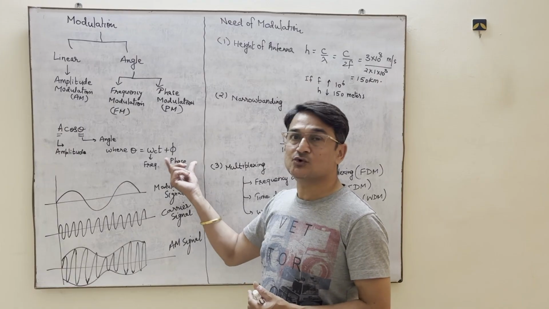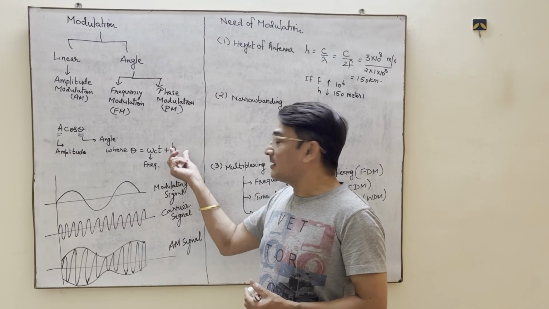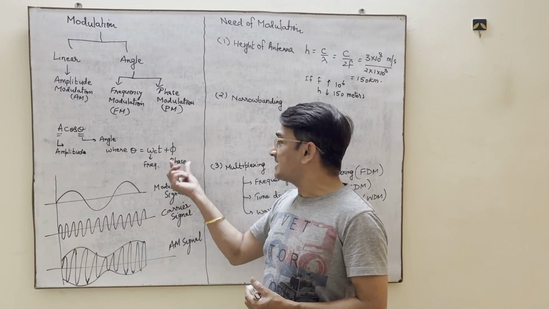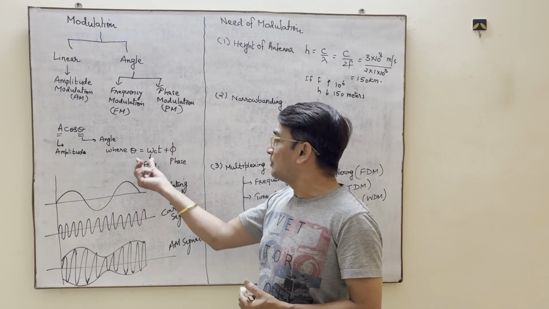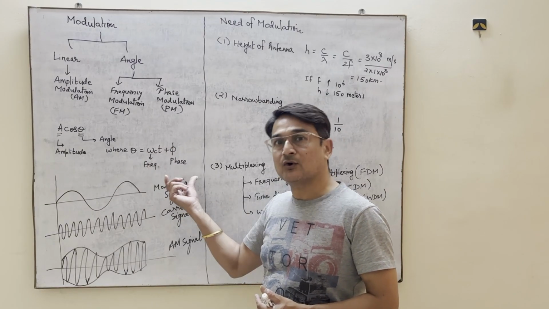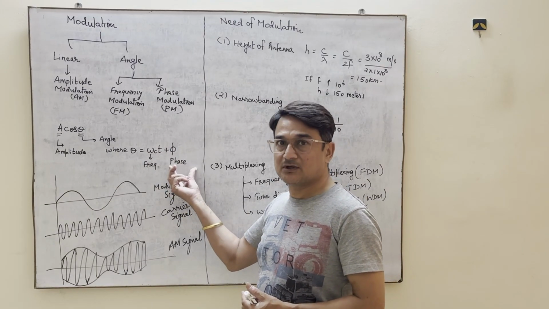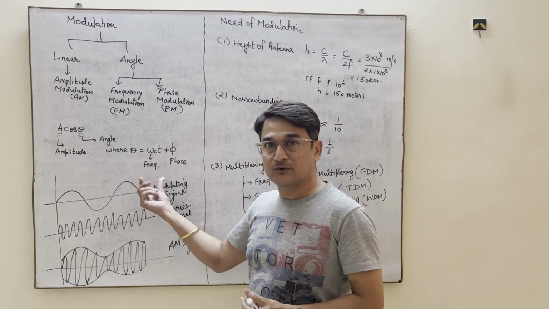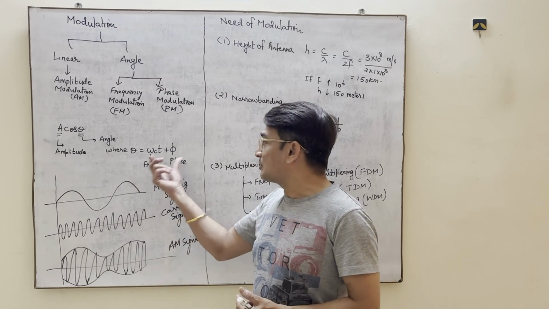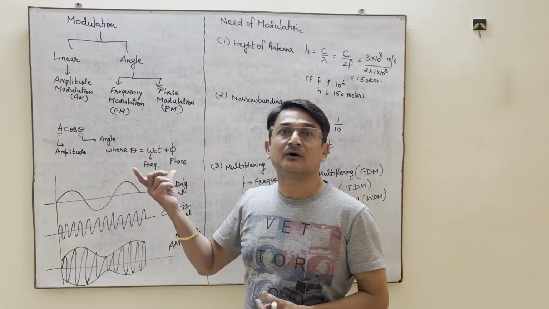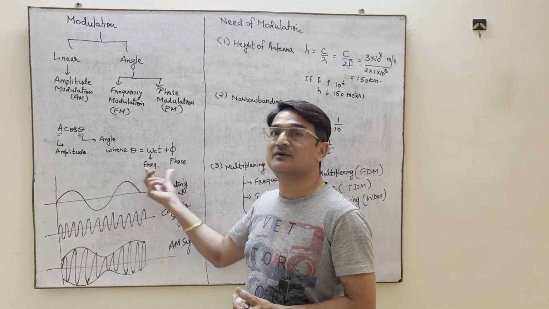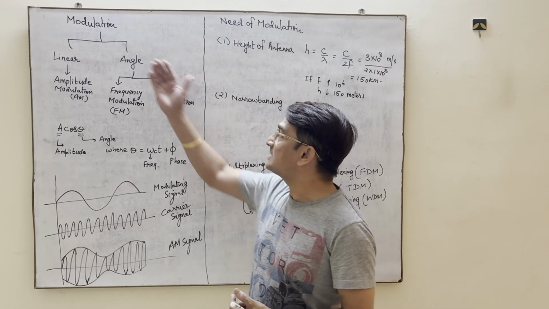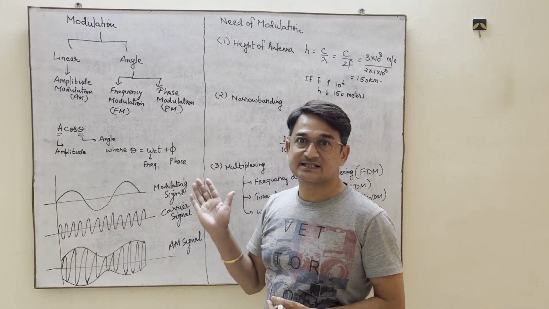Out of these two, at one time you can change only one quantity. Either you keep the phase constant and change the frequency, or you keep the frequency constant and change the phase. By that you achieve two other types of modulation: frequency modulation and phase modulation. The basic introduction of modulation is this.